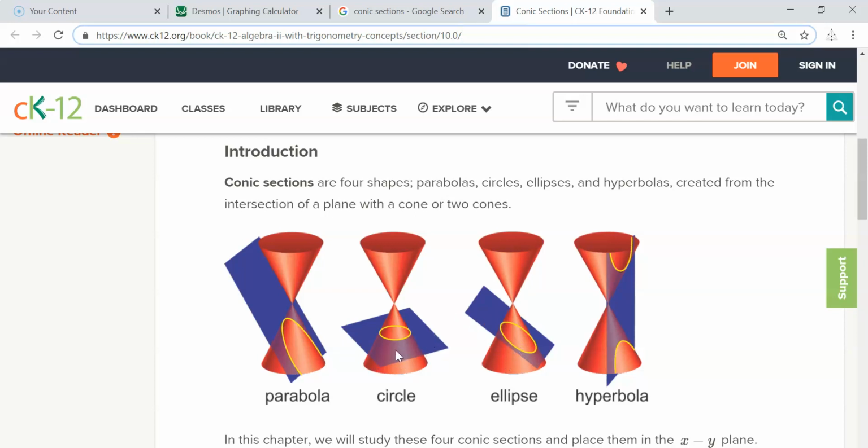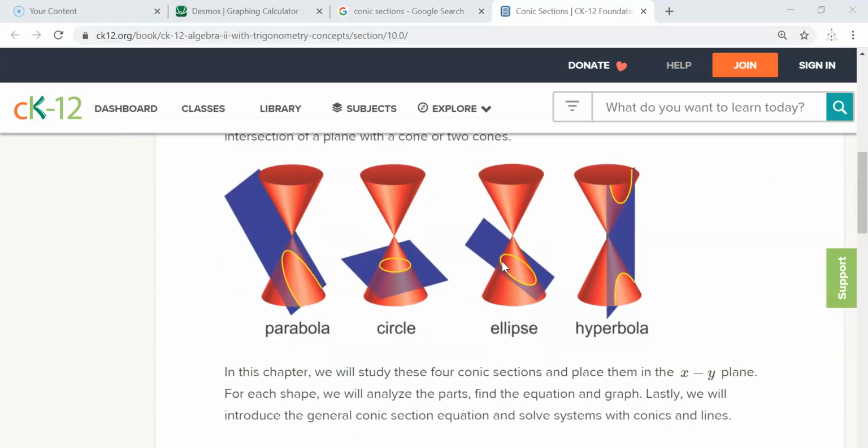And where the blue cuts the red cone, that's the conic section. And these are the four main ones we're going to look at: parabola, circle, ellipse, and hyperbola. Okay, parabola you see cuts it there. The circle, again, when you cut the cone exactly parallel, circle cuts it here. The yellow is the conic section itself.